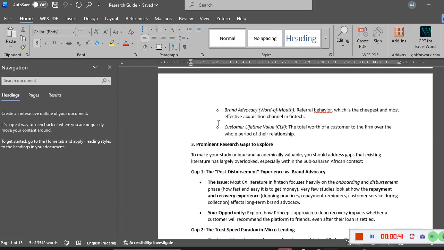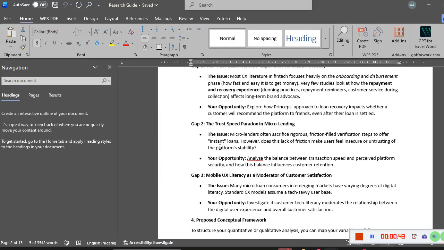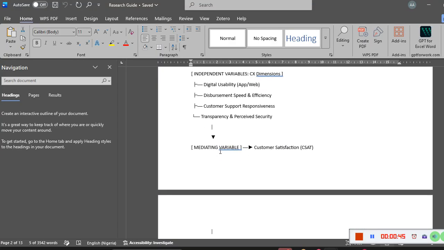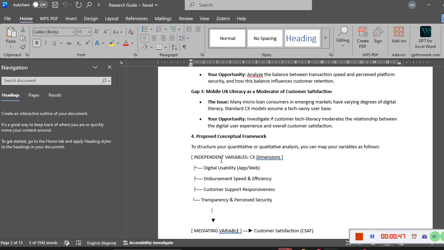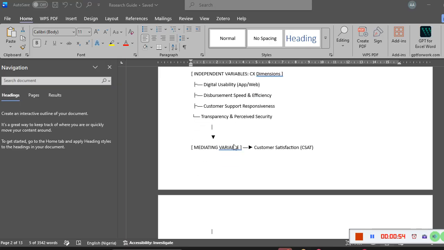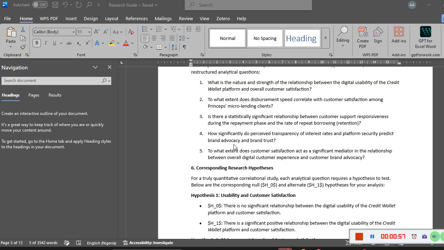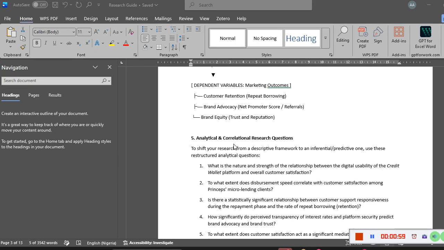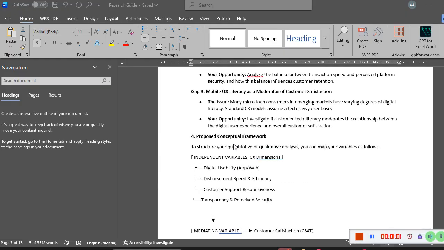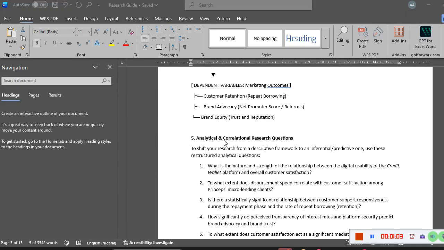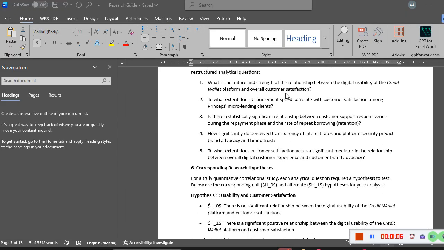These are marketing outcomes in financial services, and we already have a research gap. And now the proposed conceptual framework, which is drafted from the research objective. And okay, yeah, so here's a research question: to what extent, how significantly, to what extent?